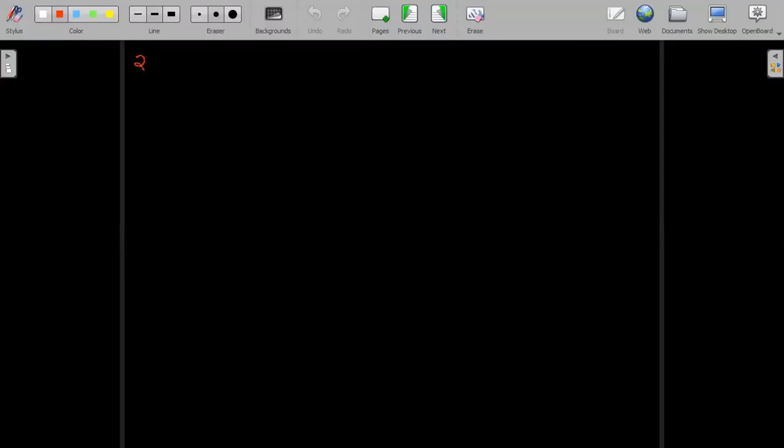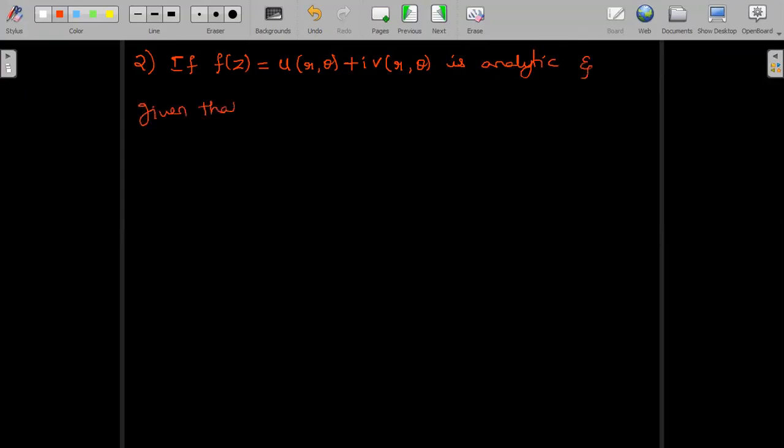We'll see second problem now. I'll take up a polar representation of the curve. If f of z is equal to u of r comma theta plus I into v of r comma theta is analytic, and given that u plus v is equal to 1 divided by r square multiplied by cos 2 theta minus sin 2 theta, where r is not equal to 0.